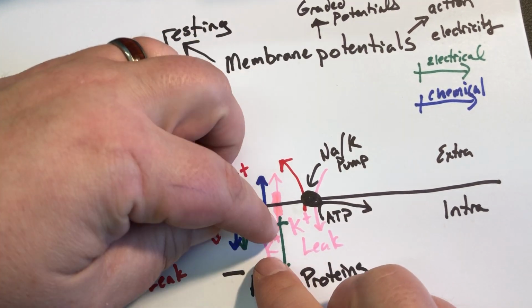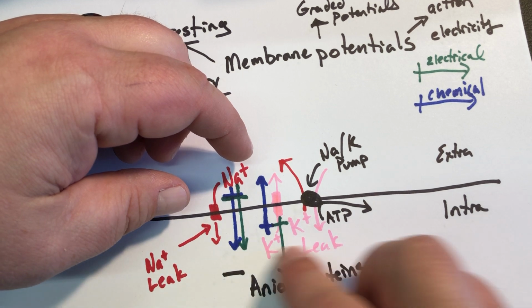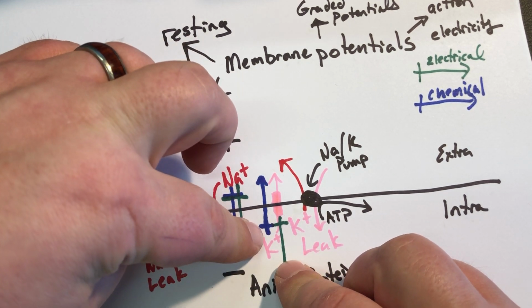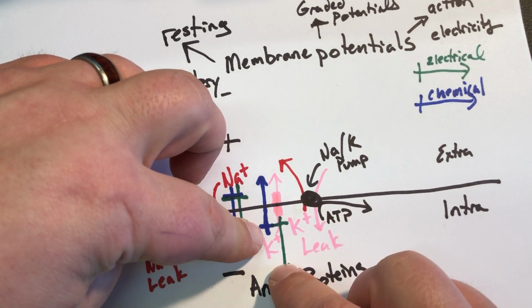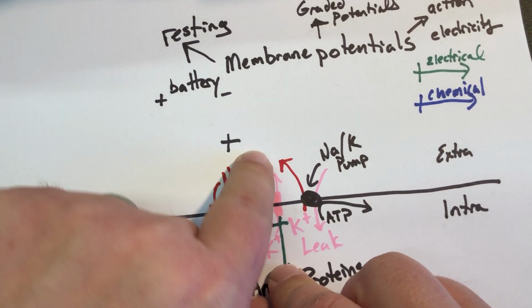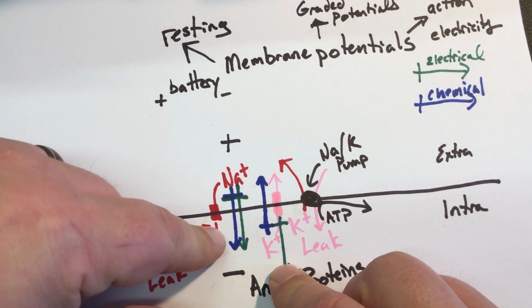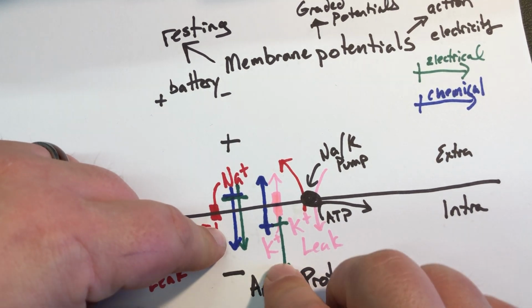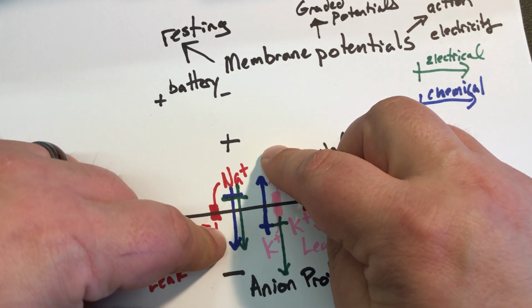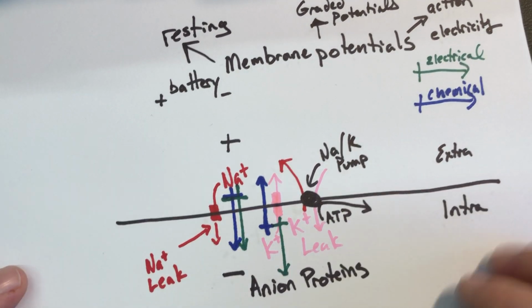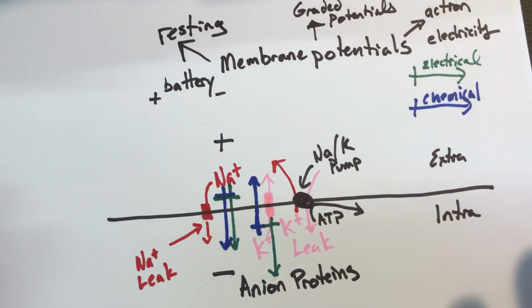We end up at a point where it's slightly negative inside the cell and potassium is trapped. The pull of the electrical gradient holds it from going down its chemical gradient. If one sodium were to come in and add one positive charge to the inside of the cell, that would allow one potassium to pop back out, and then we're right back where we started because the sodium-potassium pump is going to reset that. So that's the resting potential.